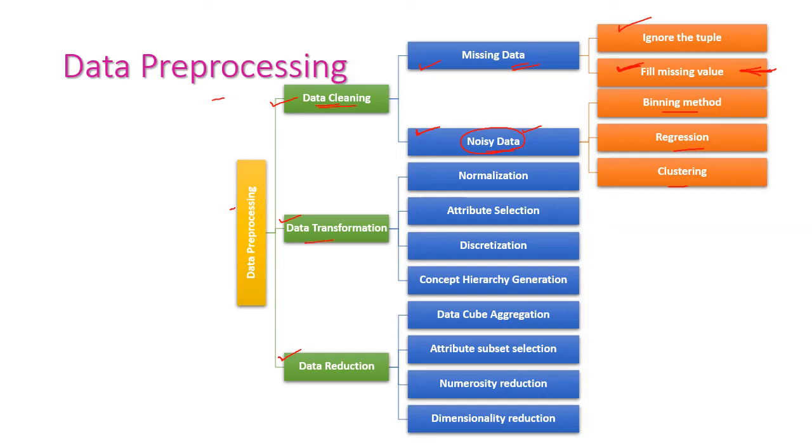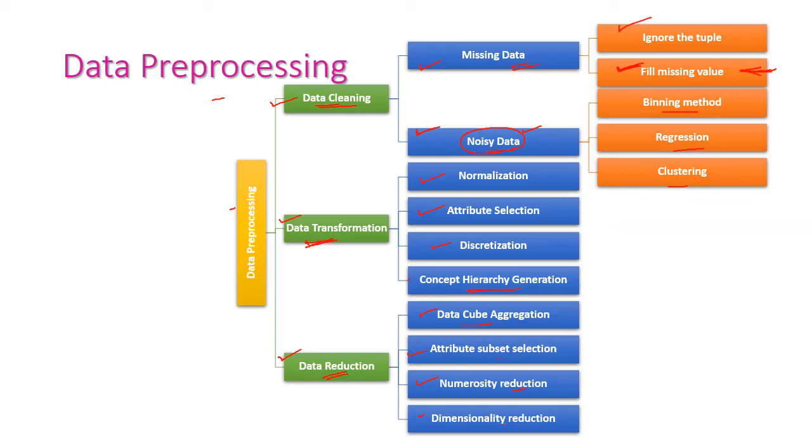When it comes to data transformation, 4 different methods are there: normalization, attribute selection, discretization and concept hierarchy generation. These 4 come under data transformation. And when it comes to data reduction, again 4 different methodologies are there: data cube aggregation, attribute subset selection, numerosity reduction and dimensionality reduction.